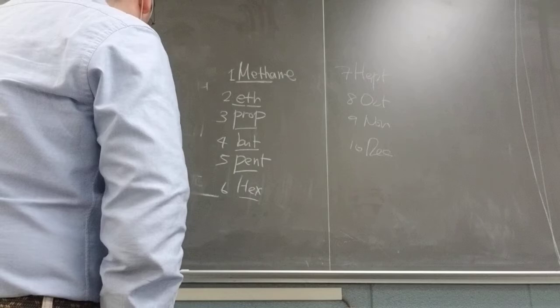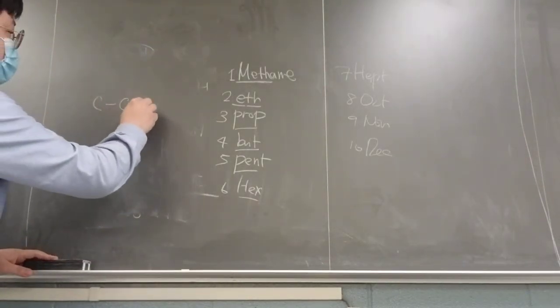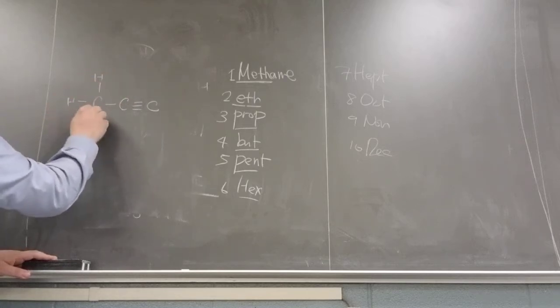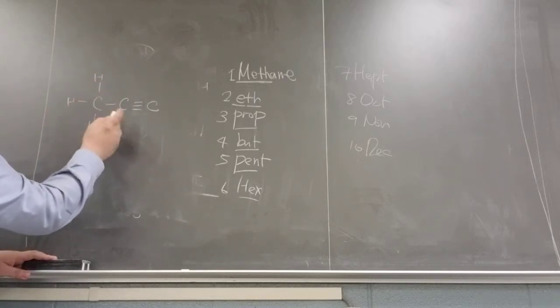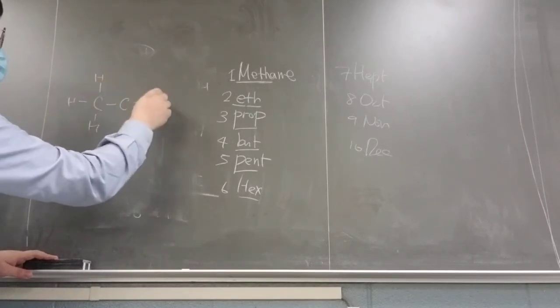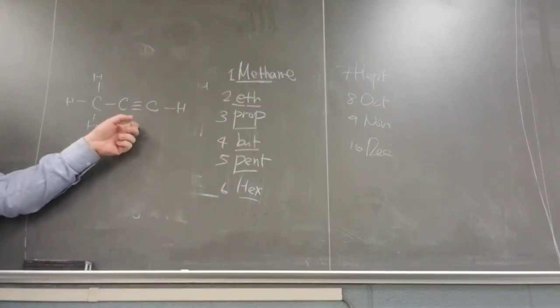Maybe if I give you this one, can you do this real quick? Okay. So here, there'll be 3 hydrogens, 1, 2, 3, 4. There's no hydrogen actually here. I'll get to this one real soon, don't worry about this one.